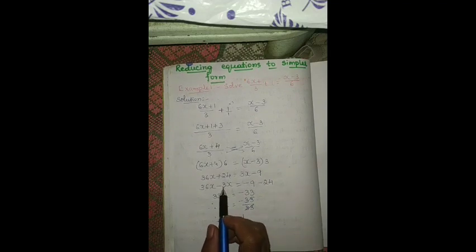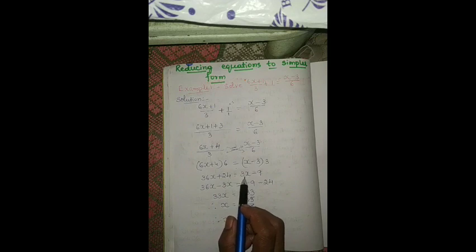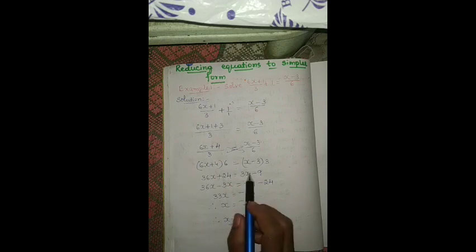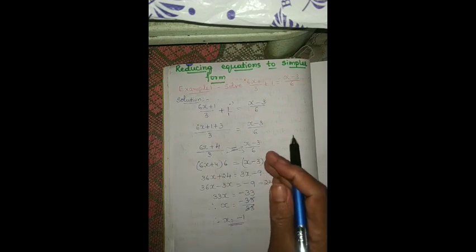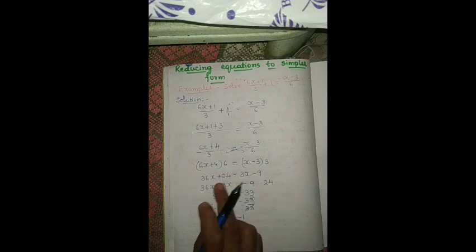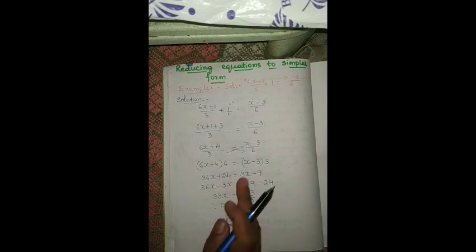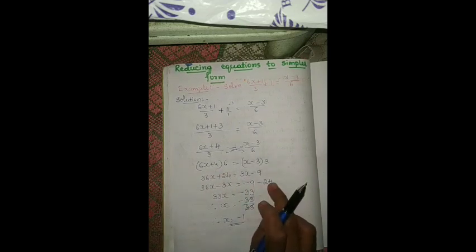Again, you should follow the method that I mentioned in the earlier videos, that is 36x minus 3x. Bring the terms having the variables to one side and the numbers to the other side always. Then it will be easy for us to find out.